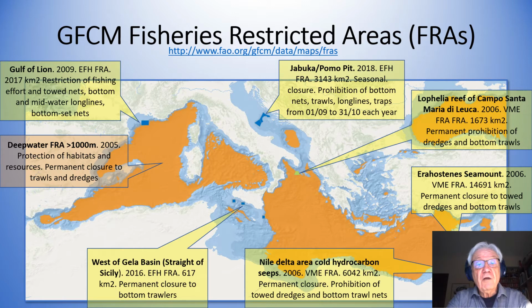In fact, the Jabuka Pomo pit in the Adriatic Sea may be the first fishery closure to be examined by GFCM for this purpose. Many more examples of potential OECMs have been examined by the various working groups already held. Together, they illustrate the potential range of OECMs from fairly small vulnerable marine ecosystems to large conventional fishery closures with complex jurisdiction like the Rockall haddock box, and to a Mediterranean-wide and utterly complex deep sea closure in the Mediterranean.